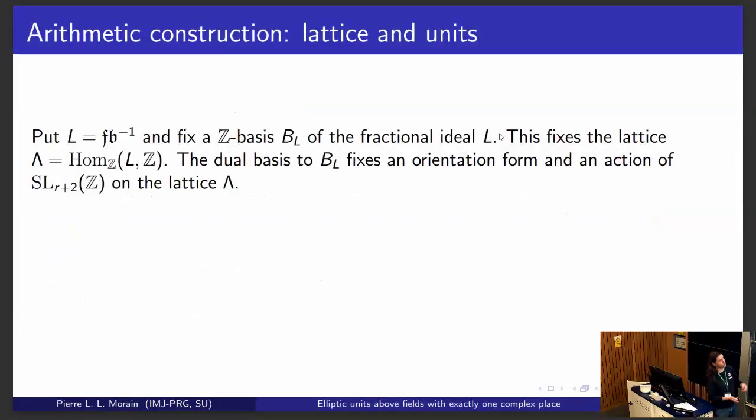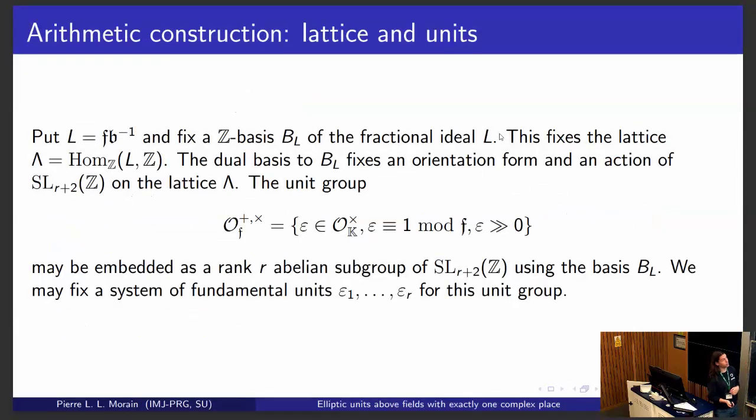So here there are just technical details on the fact that we fix a basis on the lattice and we fix the orientation form. Then we have to consider this unit group that acts on the lattice and preserves it. So when I say epsilon greater than 0, this means that epsilon has to be a totally positive unit, so positive at every real place.